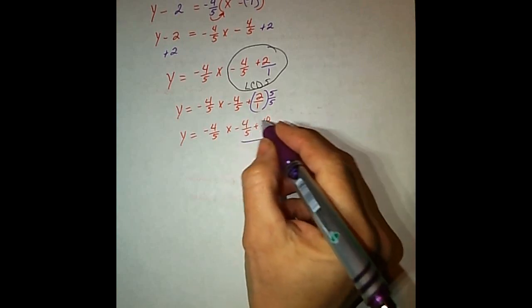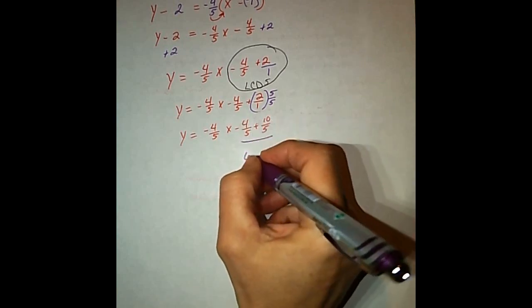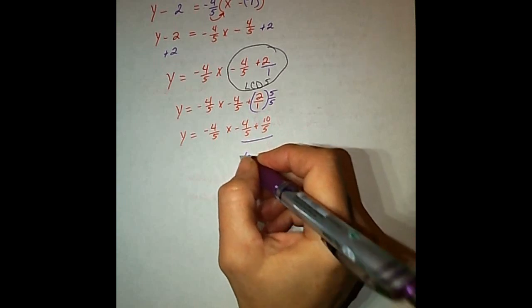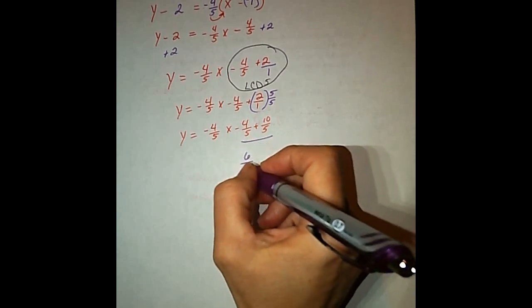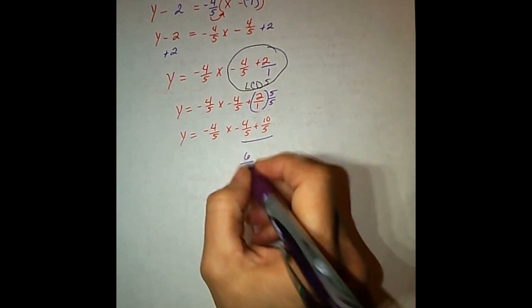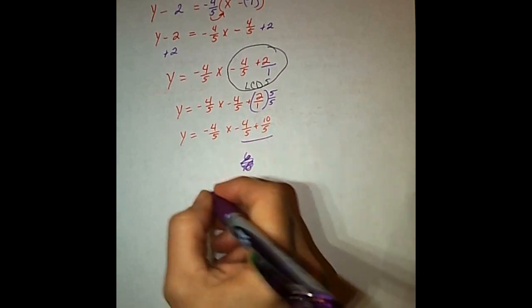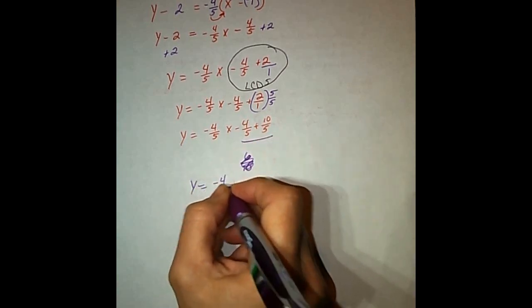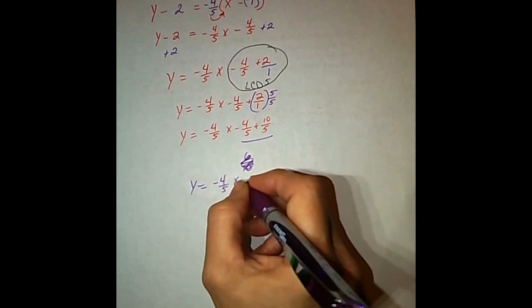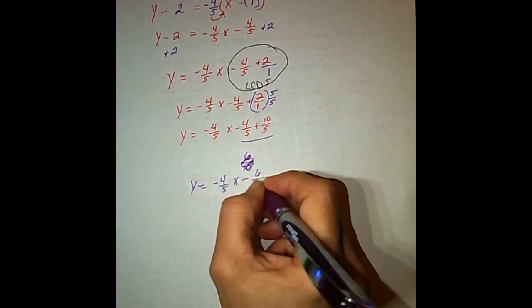So I have negative 4 plus 10 is 6. The denominator does not change, guys. It stays at 5. Sorry, I got ahead of myself. Negative 4/5 x minus 6/5.